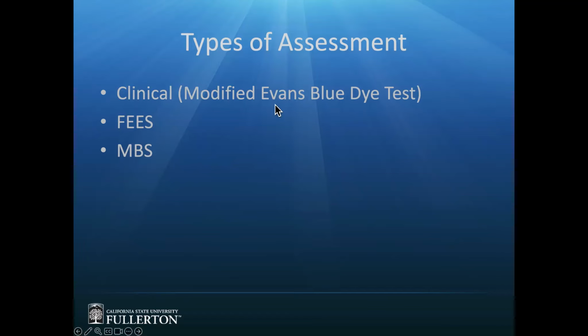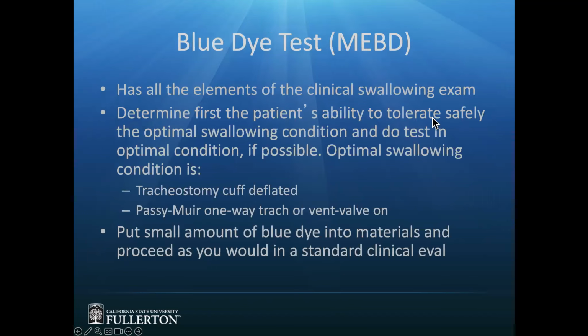It's called a modified Evans blue dye test. Typically, we just call it a blue dye test, but the proper name is really a modified Evans blue dye test. And I want to first explain what an Evans blue dye test is, because we're modifying it for the purpose of our swallowing assessment.